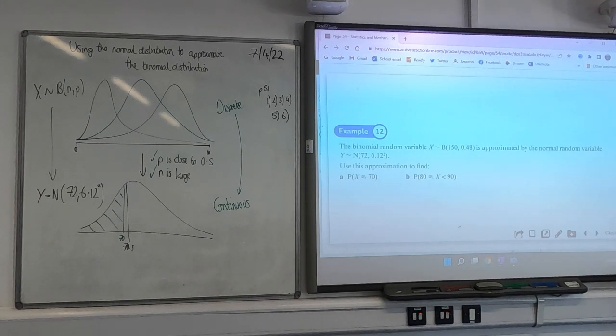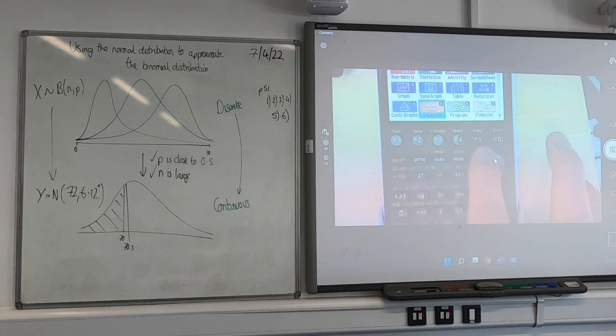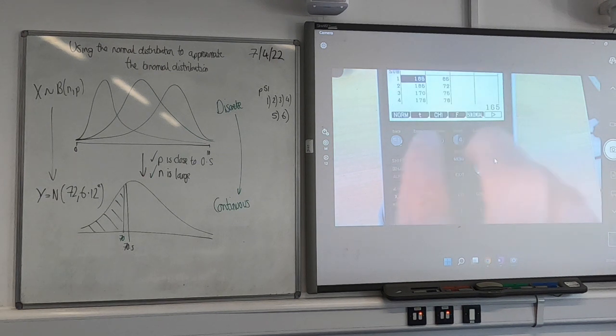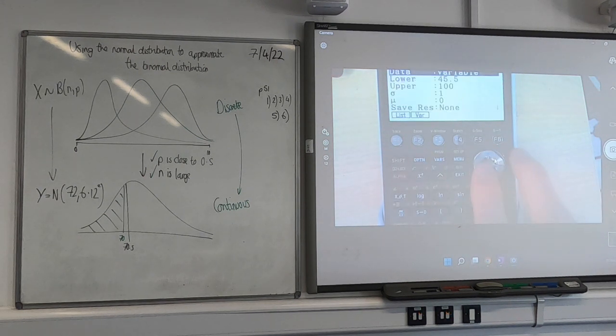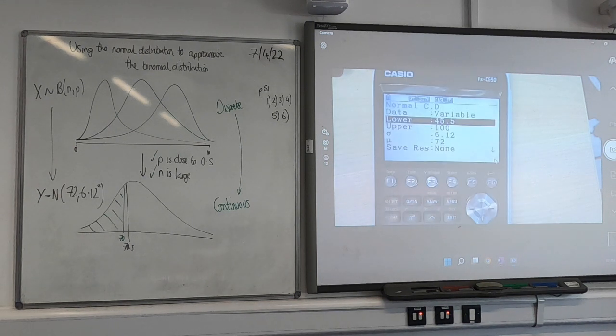So we're not using inverse, we're using the cumulative normal distribution page on our calculator. Because I'm looking for a probability, I need a lower and an upper.